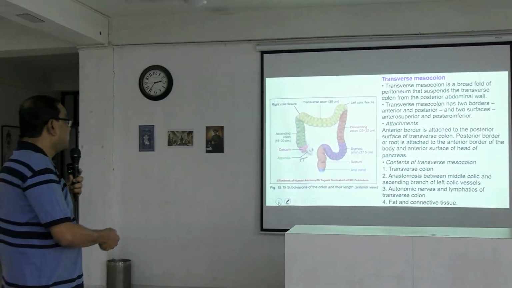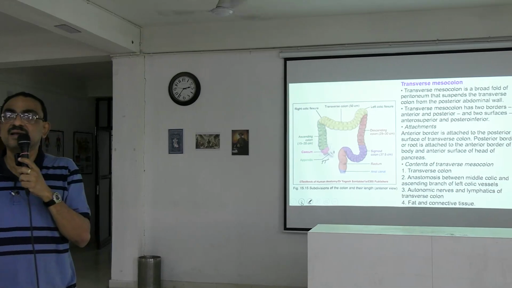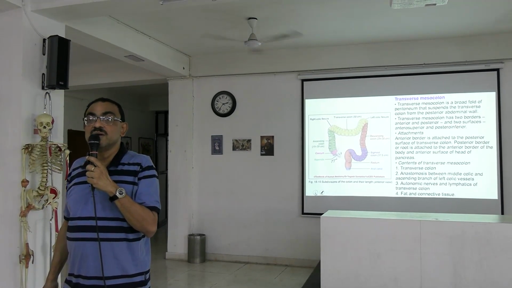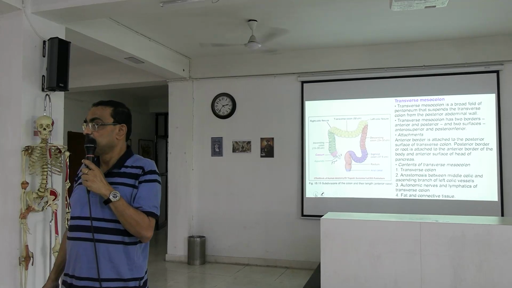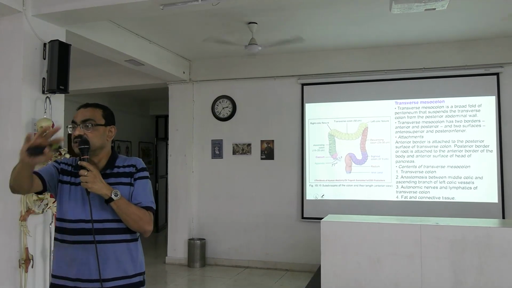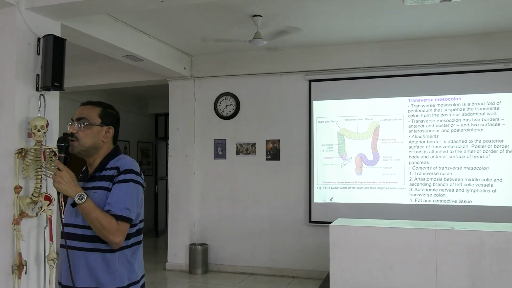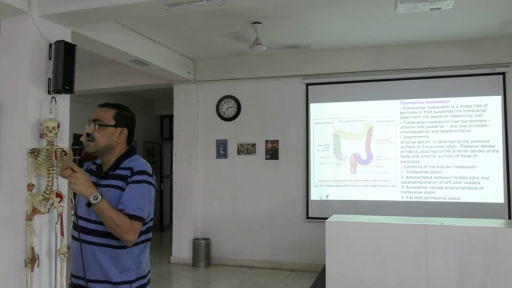So, from this part onwards, the supply is from the pelvic splanchnic nerve. The root value is S2, S3 and S4. Along these sacral nerves, the parasympathetic nerves will move and supply this area.